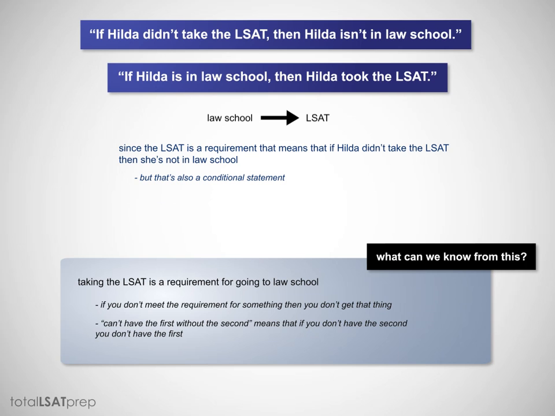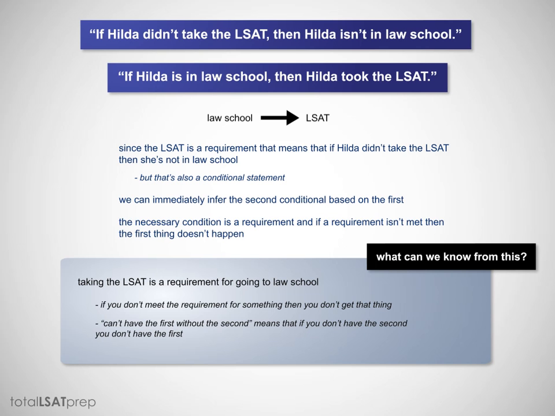And once we're told that, we can immediately infer the second conditional, that if Hilda didn't take the LSAT, then Hilda isn't in law school. And the reason we can do that is because the necessary condition is a requirement, and if a requirement isn't met, then the first thing doesn't happen. So basically, whenever we're given any conditional relationship, we can automatically infer another conditional relationship based on that first one.